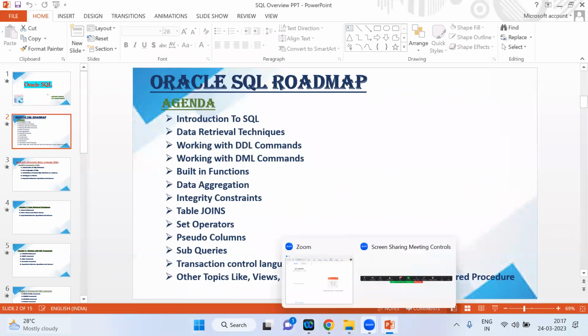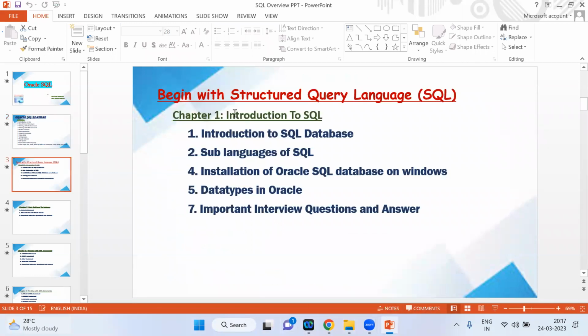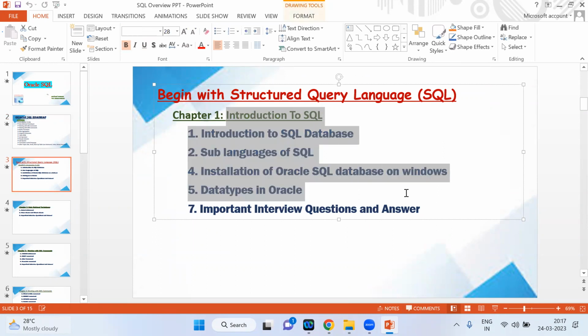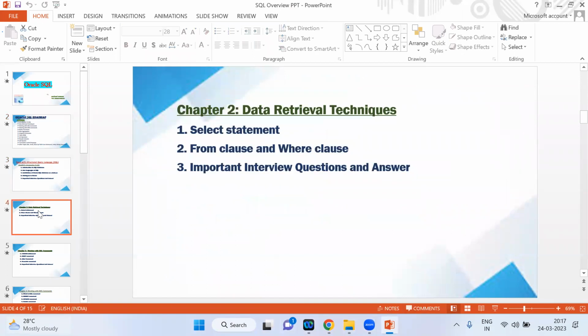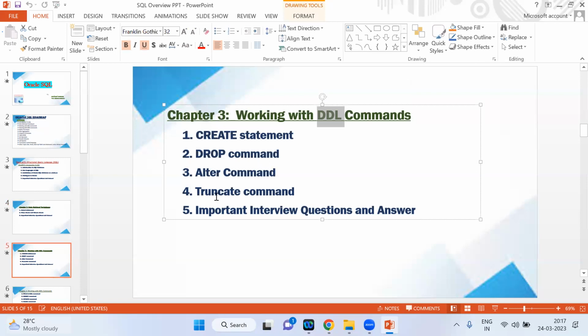Next we are going to start with your first chapter, guys, Introduction to SQL. This part we'll discuss today, and tomorrow we'll see DML commands and DDL commands, like how to create tables, drop, alter, truncate.